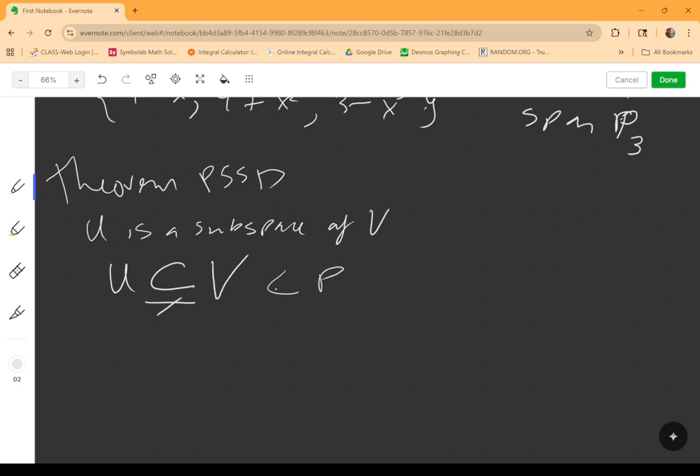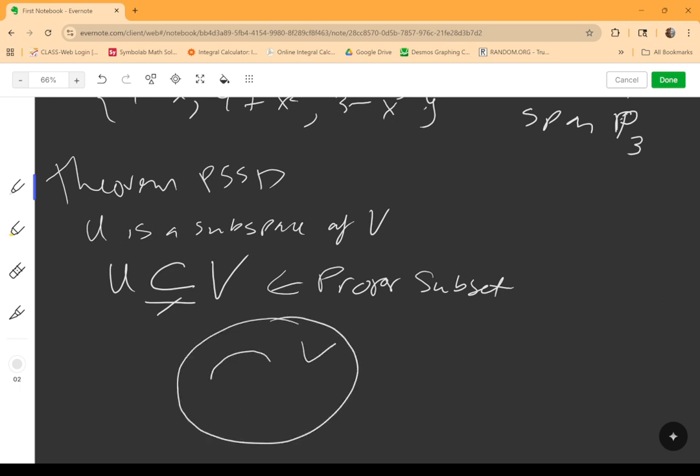That's what this notation here means. Proper subset, if you think of it in terms of the Venn diagram, because if we say subset, the whole set V is a subset of itself. When we say a proper subset, if we think of V here, then U does not contain all of V. So if that's the case and U is a subspace, then the dimension of U will be less than the dimension of V.